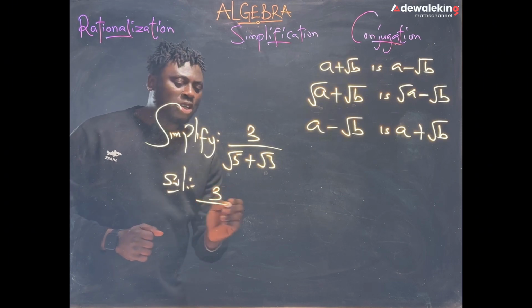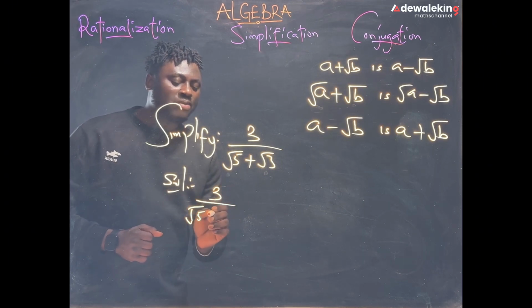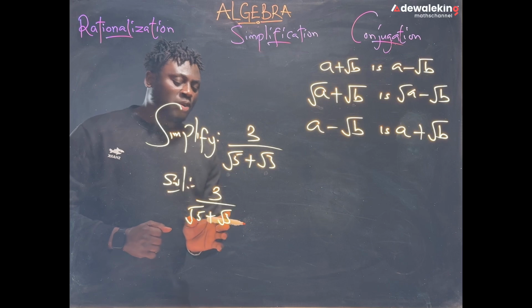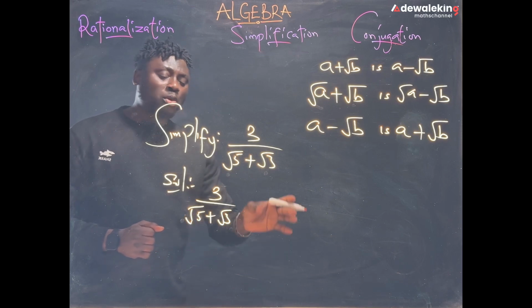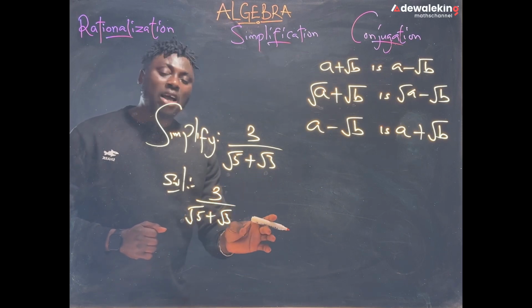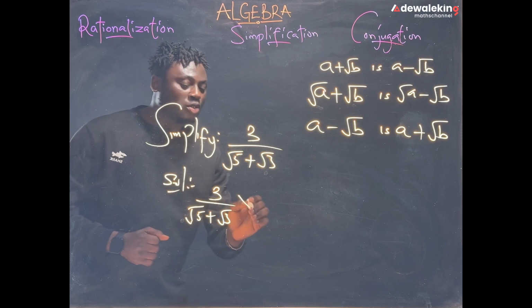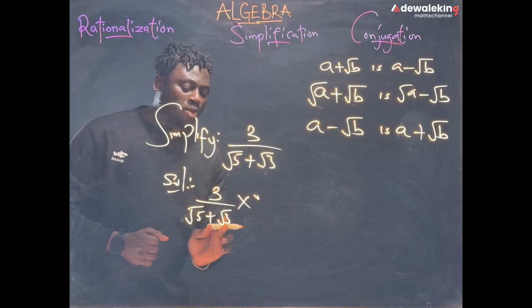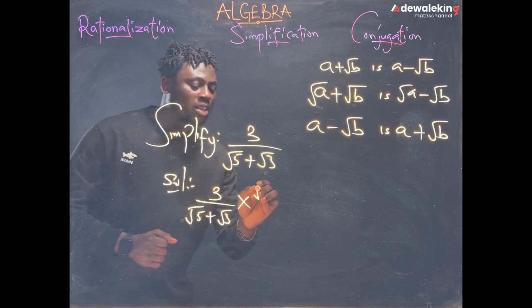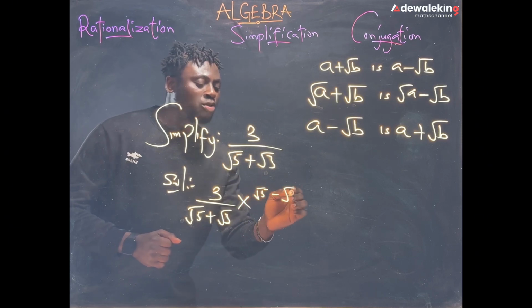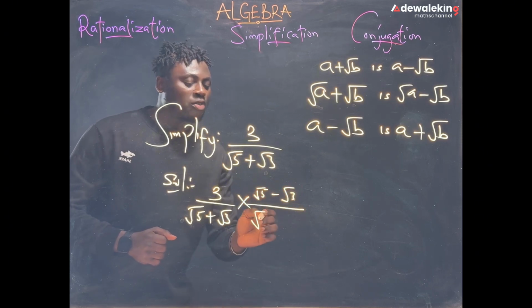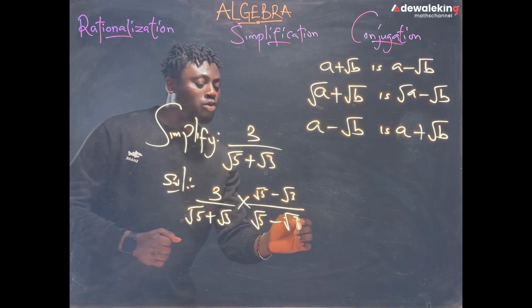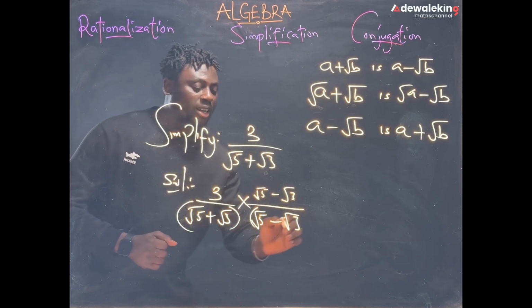So we say 3 over root 5 plus root 3. We take this denominator and multiply the numerator and the denominator by its conjugate. So we say times, the conjugate of this binomial surd will be root 5 minus root 3 over root 5 minus root 3. So you can take a bracket.